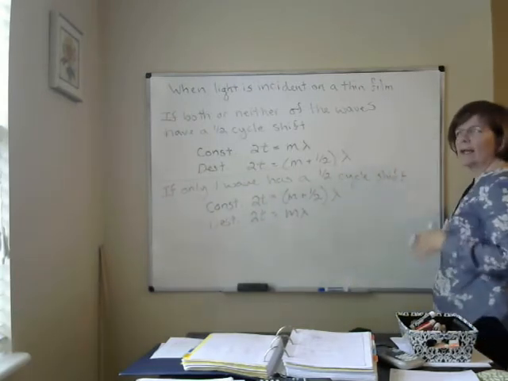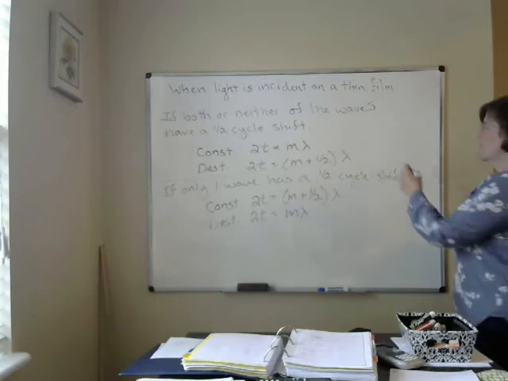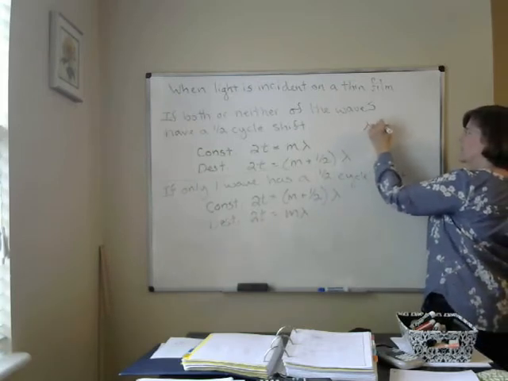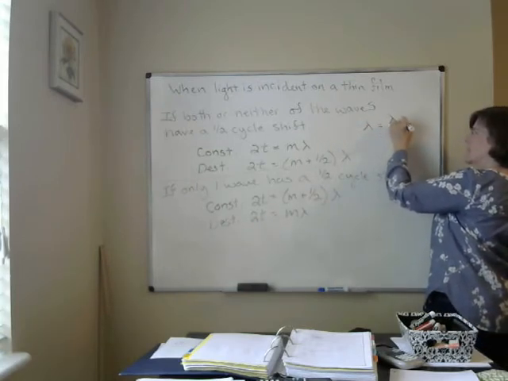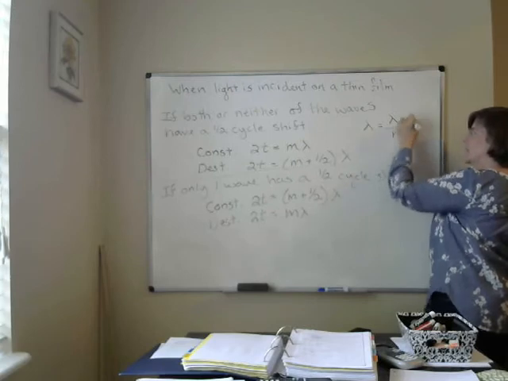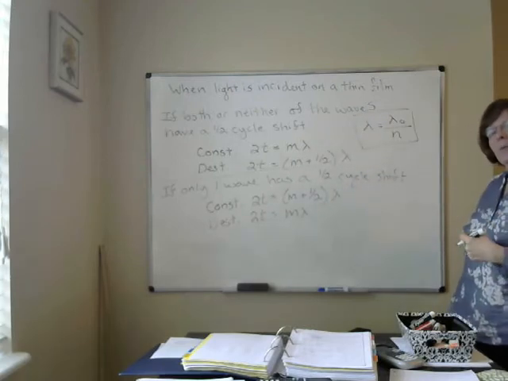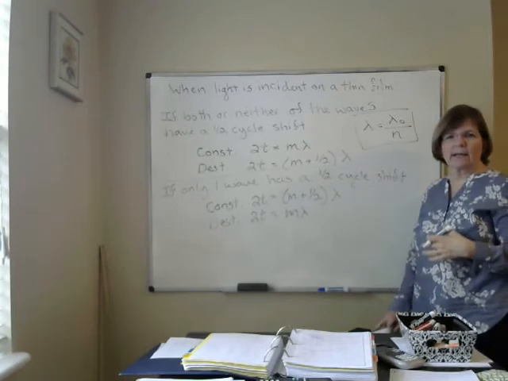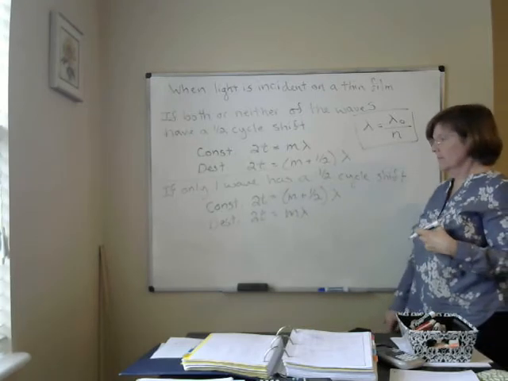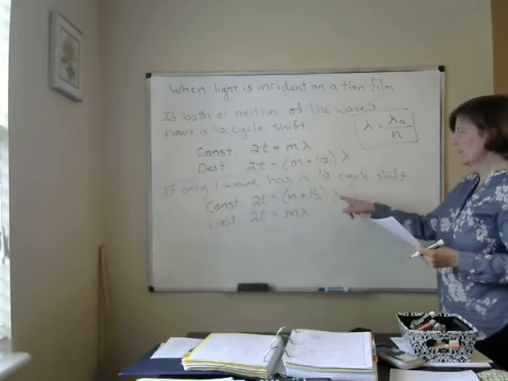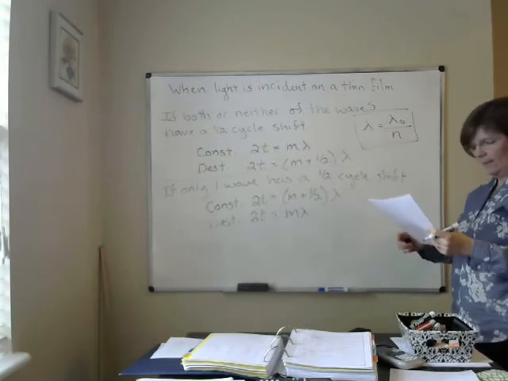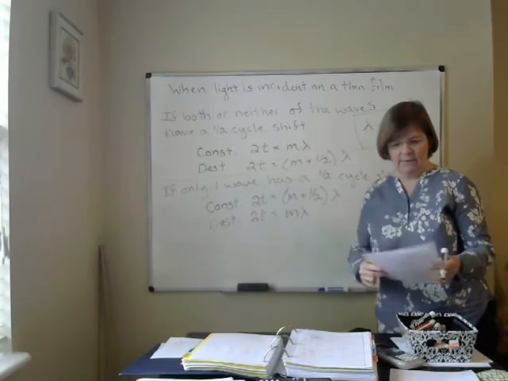In either case, remember that the wavelength we're talking about is the wavelength in air divided by the index of refraction, because the wavelength in the film will be different than the wavelength in air. So when we talk about multiples of the wavelength, we're talking about the wavelength that's in that film.